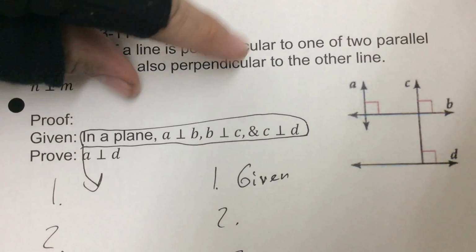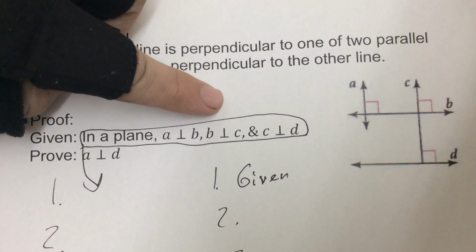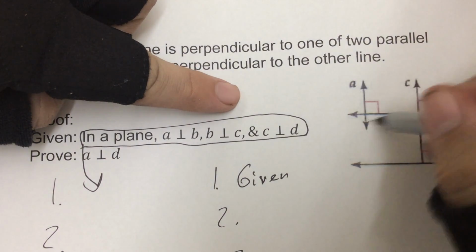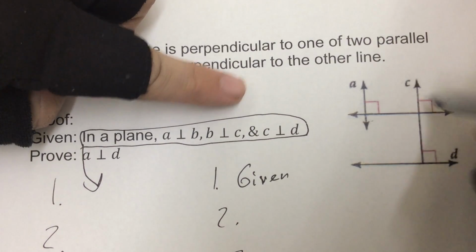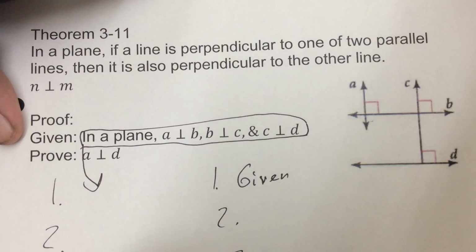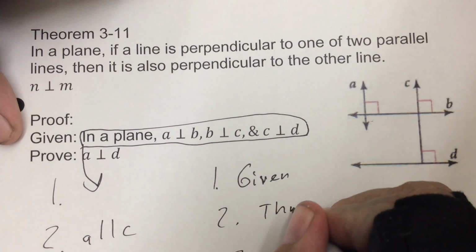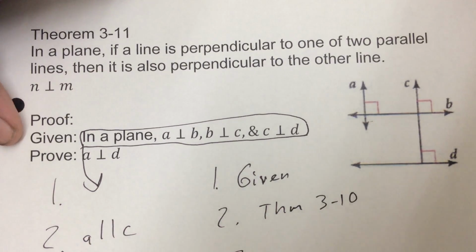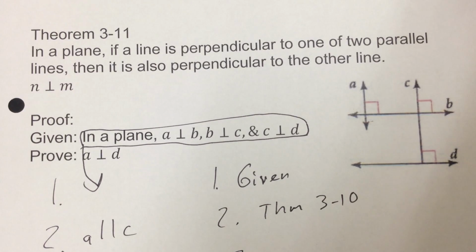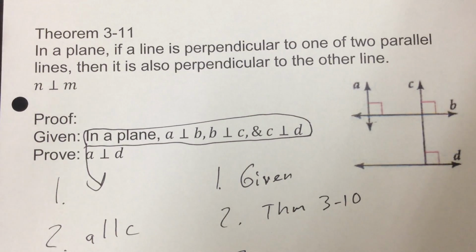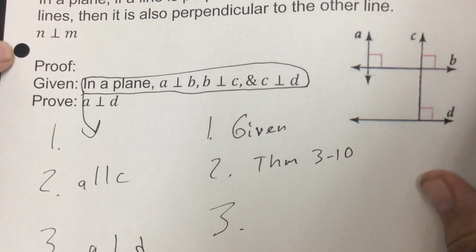So what do we know? Well, we know that A and B are perpendicular and B and C are perpendicular. So A and B, B and C. So they're both perpendicular to the same line. So that means A is going to be parallel to C by that Theorem 3.10 that we just got done doing a little bit ago. Now, we're actually not proving Theorem 3.11, and so that's what's going to allow us to do this.